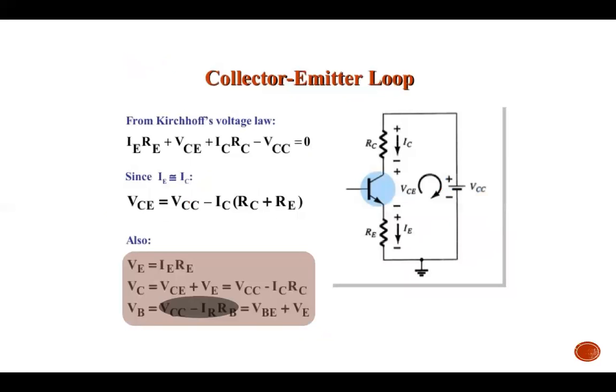Based on the emitter bias configuration circuit, we have a second loop, which is the collector emitter loop. This is the collector, this is the emitter, so that's why we call it the collector emitter loop.